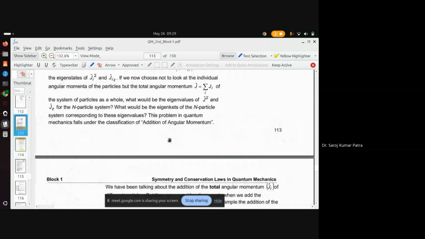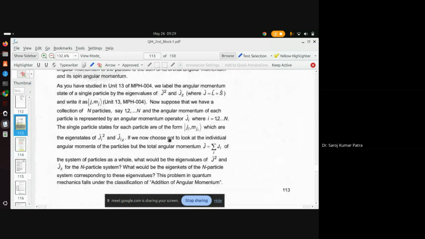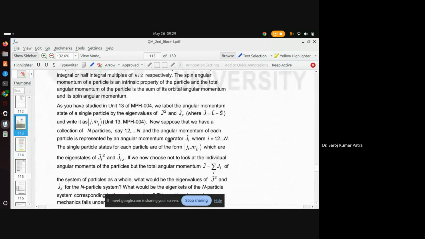J, the total angular momentum, is L plus S. Most of the time we will be referring to unit 13 of quantum 1, MPH-004. So you have to be very familiar with MPH-004, quantum 1, unit 13.